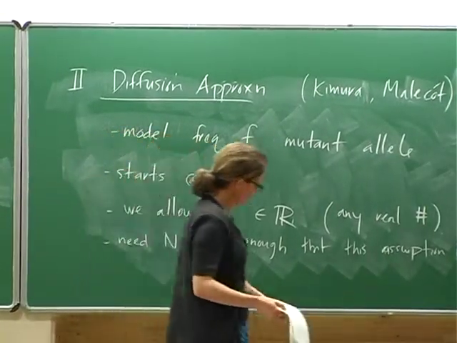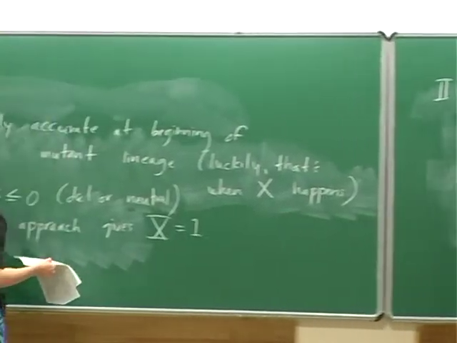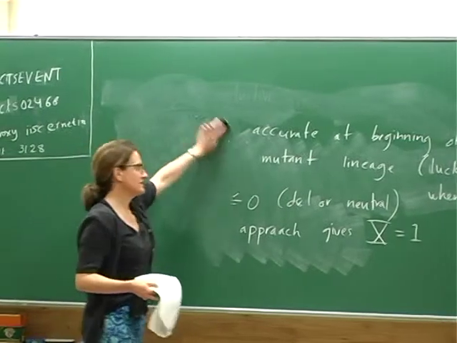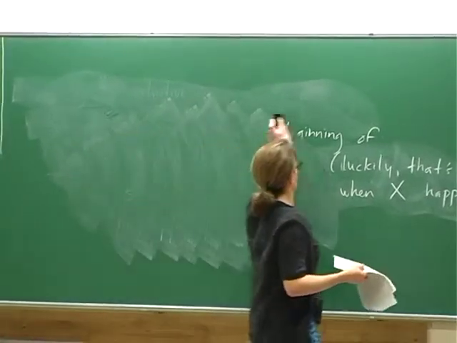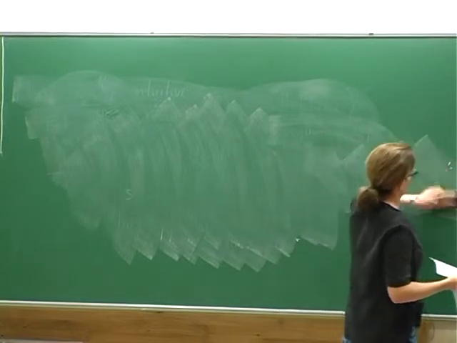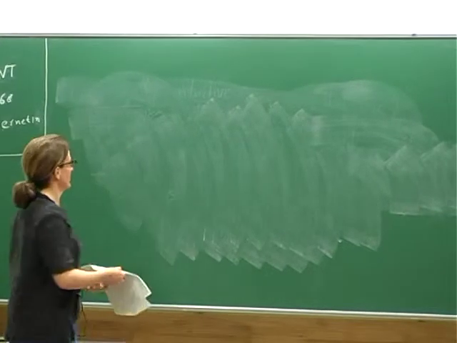Okay, and the basic idea here of this and any diffusion approximation and related, so if you have physics training, it's Fokker-Planck, or if you have stochastic processes training, it's backward and forward Kolmogorov equations. Same idea.